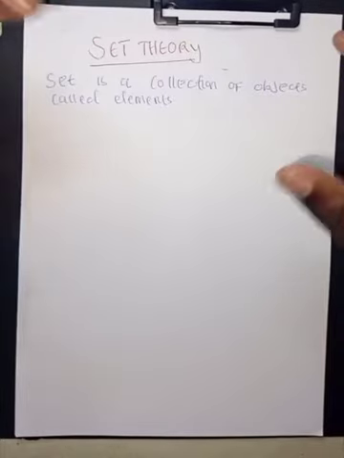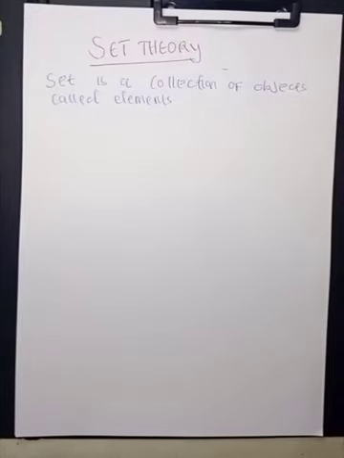So objects in a set are called elements. We can have maybe a set of pens, a set of whatever you can have, but if you put them together, we can make a set. And if you put those objects in a particular set, we call them elements. So this is the definition of a set.